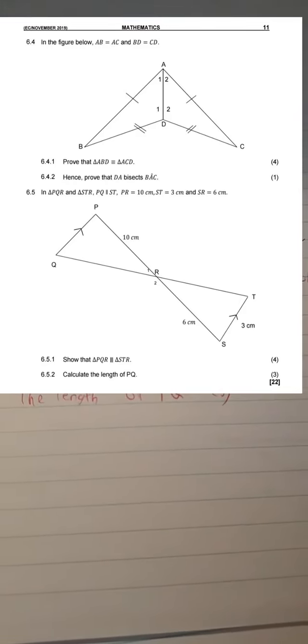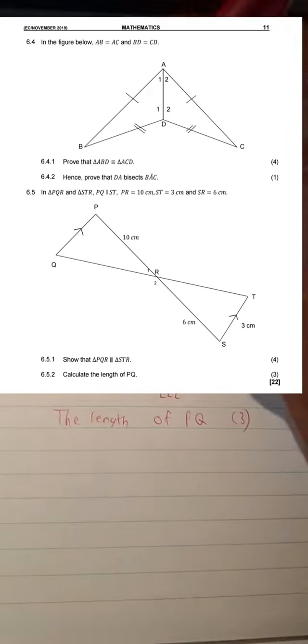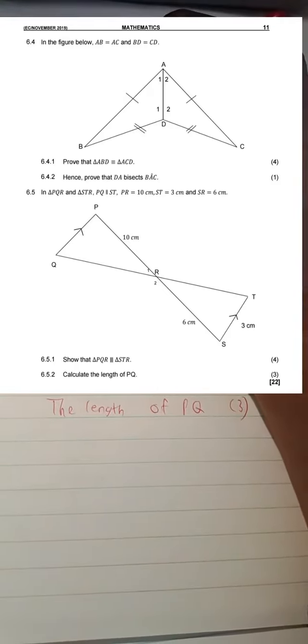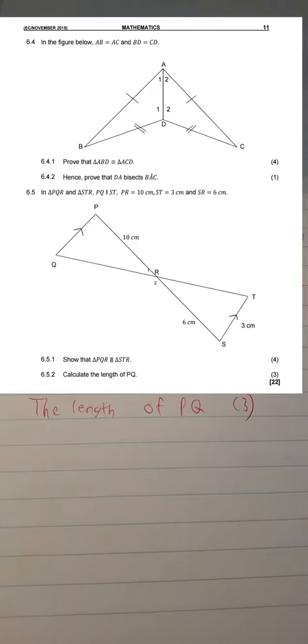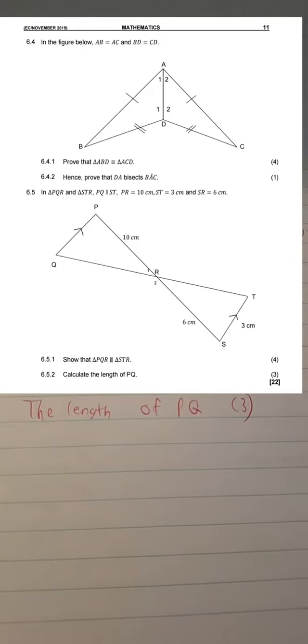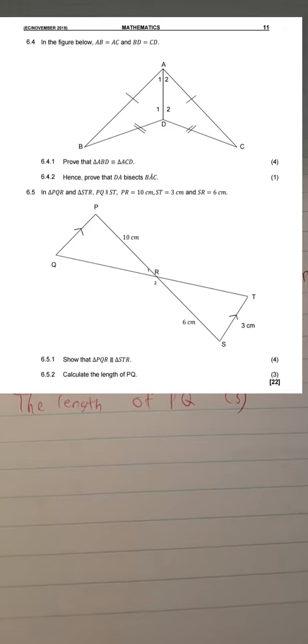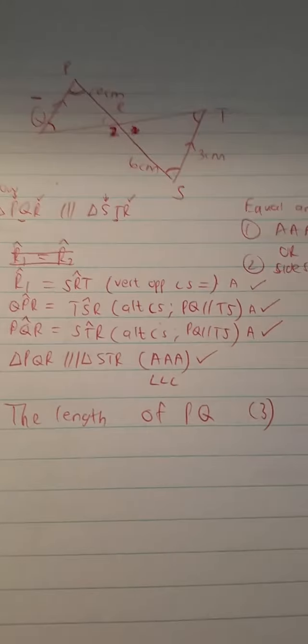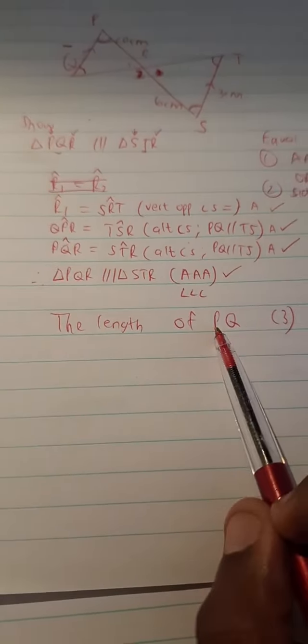We've already gotten the 4 marks for similarity of triangles. Now we need to calculate the length of PQ. We can see where PQ is, right? So the $1 million question is, how do we calculate the length of PQ?